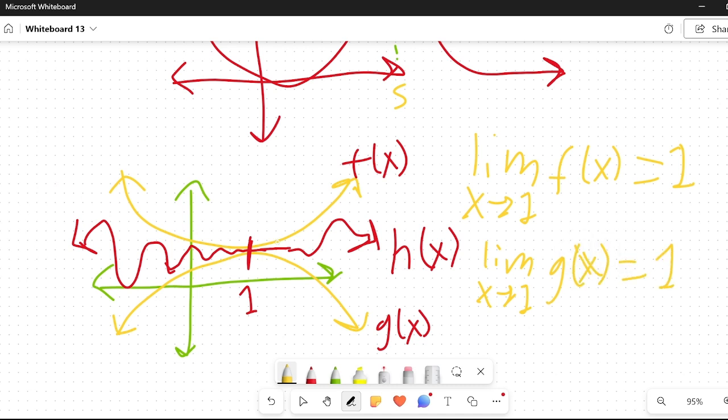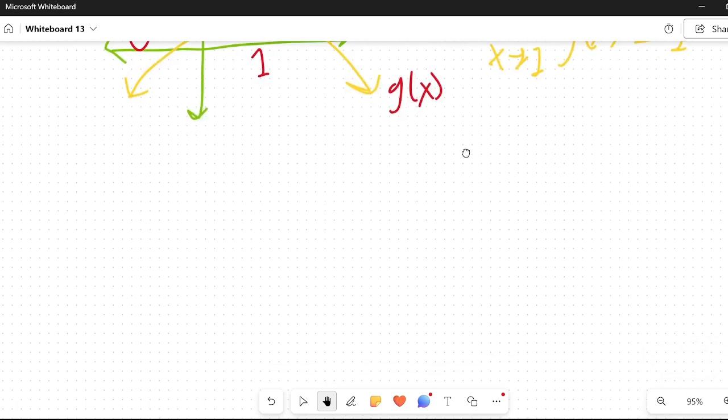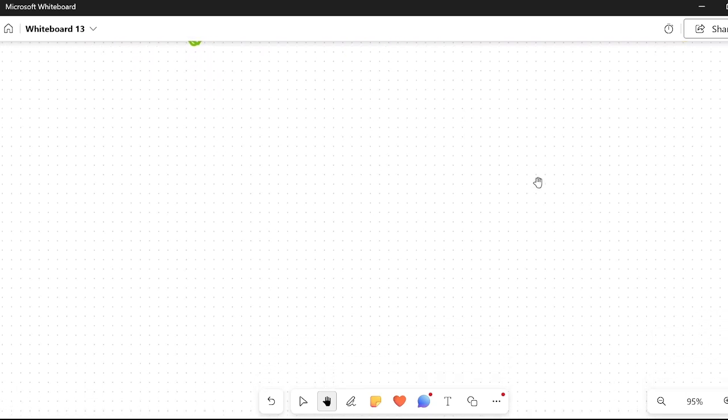So we have two things that approach 1, and we know that h of x is always going to be between these two functions. So we use the squeeze theorem and say, we know it's between these two, and both of these are equal to 1. Essentially, these intersect here, so the limit as x approaches 1 of h of x also has to be 1. This is a quick teaser of what we'll focus on later with the squeeze theorem, but we are going to do some practice to get to know how exactly it works.